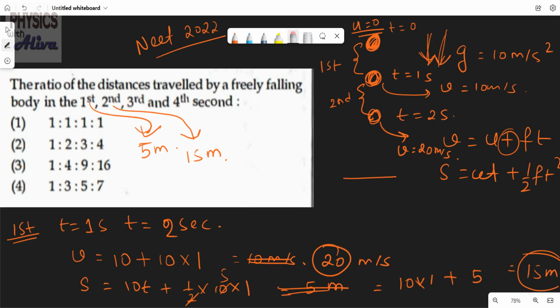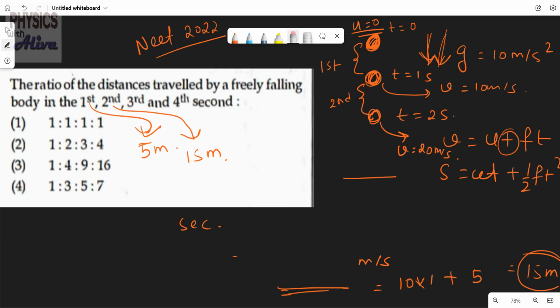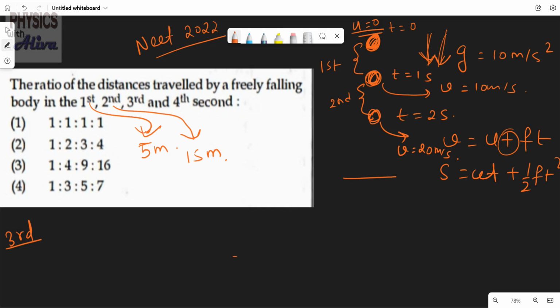Now we will calculate the same thing for the third second and the fourth second. So for the third second, V equals, here the initial velocity is 20, U plus F t, where t equals 1.